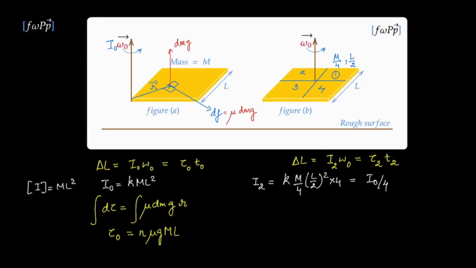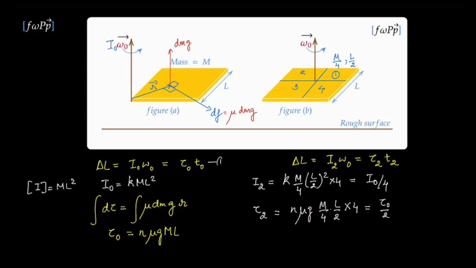Similarly, let's look at the torque in the second case. It has to have a similar form for one of the smaller squares, and therefore it looks like N mu G M by 4 into L by 2. There are 4 of them, therefore into 4. This looks very much like the original torque, but with a factor of 2 in the denominator.